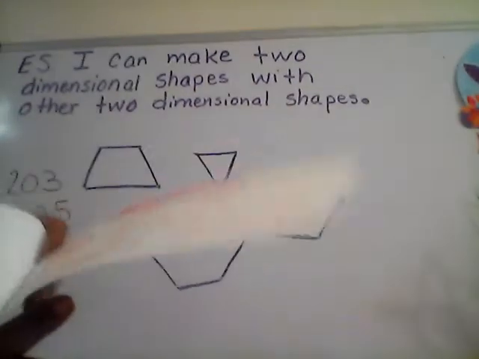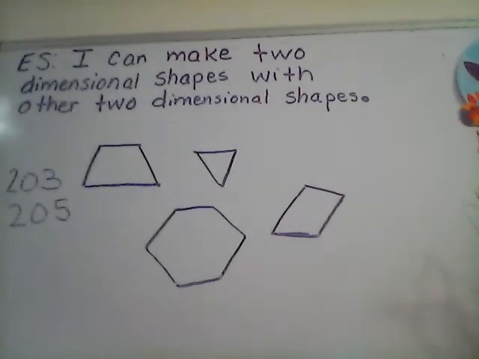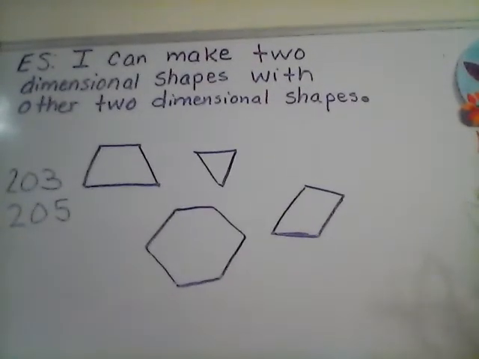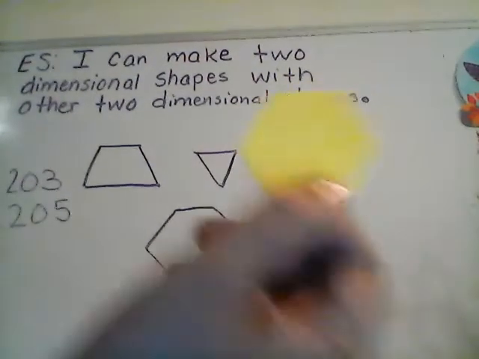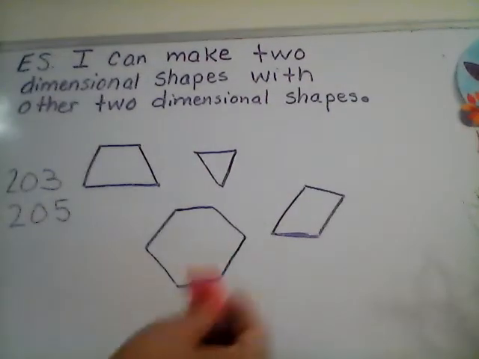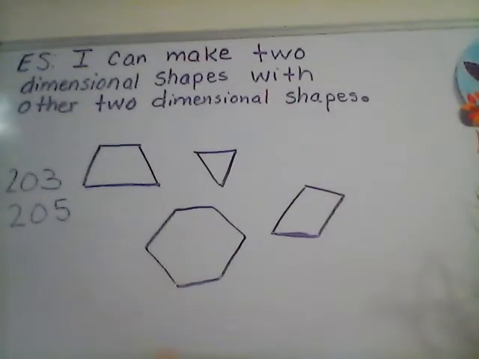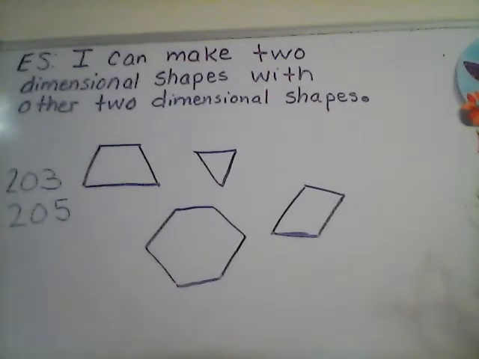Okay, so those are our three-dimensional shapes that we talked about. Today we're going to go back and talk about two-dimensional shapes, which are also flat shapes, like the hexagon, the trapezoid, the square. They're flat. They're two-dimensional shapes.